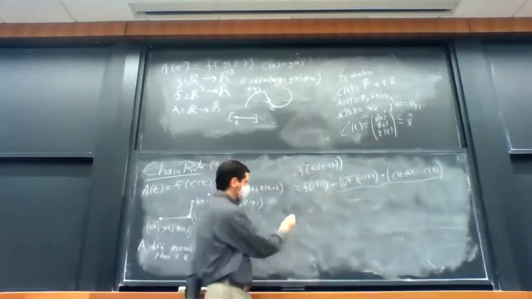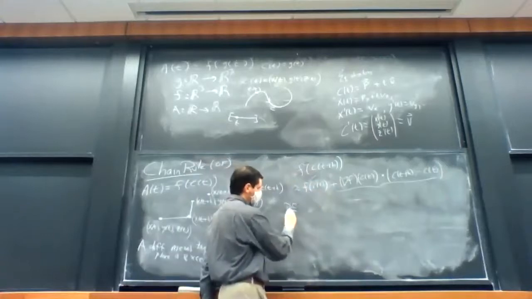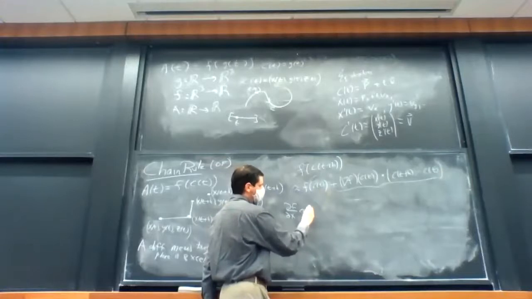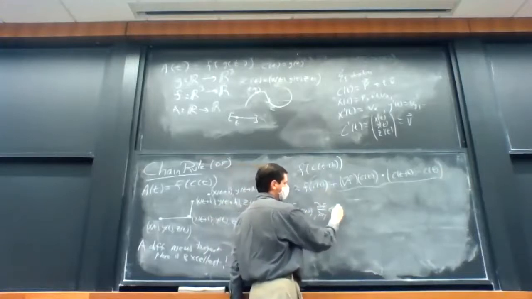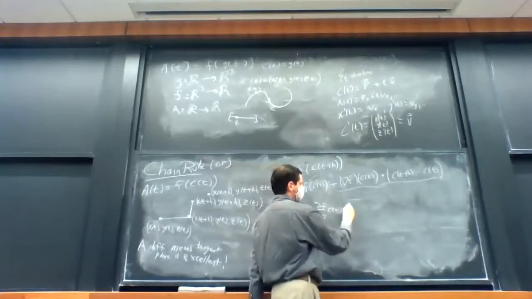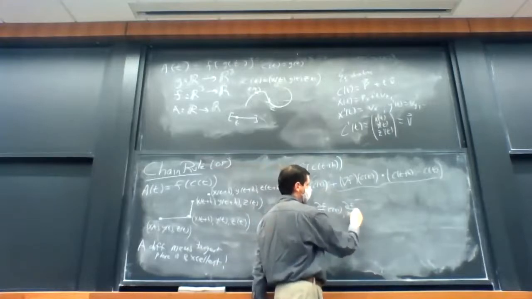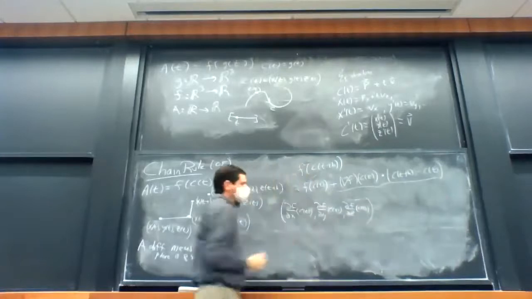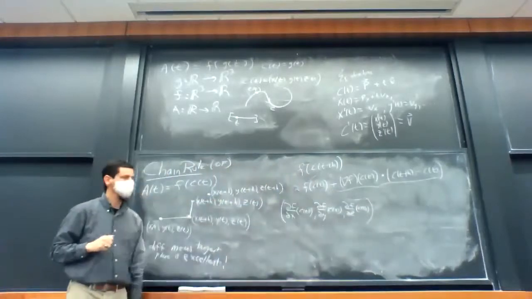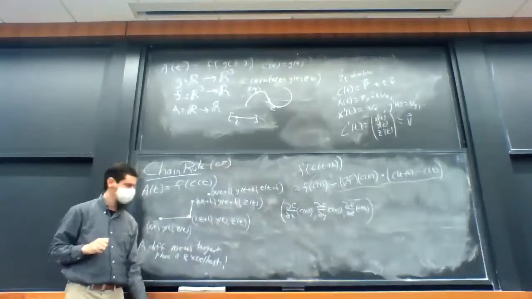Let's expand this out. It's dx at c of t, dy at c of t, dz at c of t. It's annoying to keep writing the c of t's because it's taking up a lot of space.